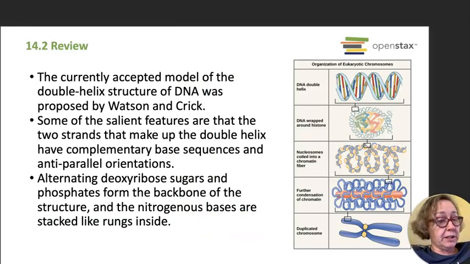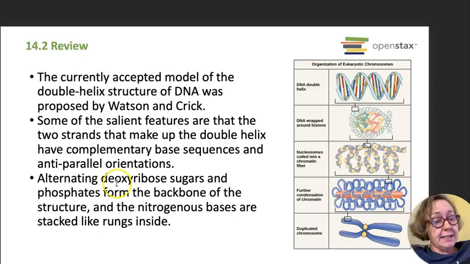Okay, so let's review that. The currently accepted model of the double helix of DNA was proposed by Watson and Crick with help from Rosalind Franklin's data. Some of the features: there are two strands, it's made up of a helix, and it has a complementary base sequence that is anti-parallel, meaning an A always goes with a T, a C goes with a G, and a pyrimidine is always with a purine.